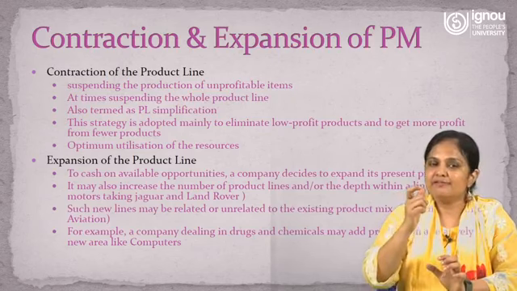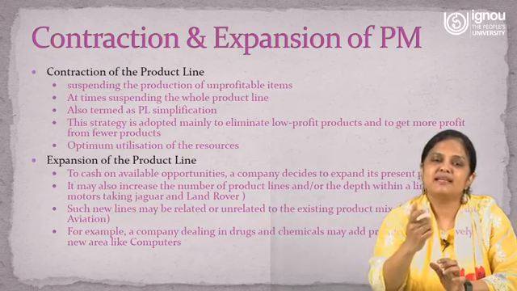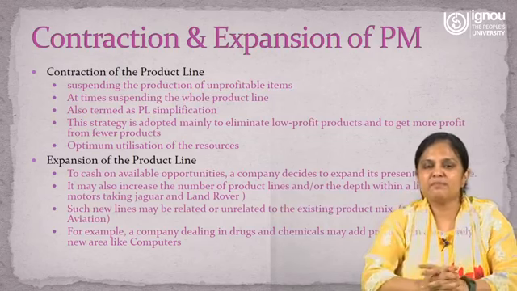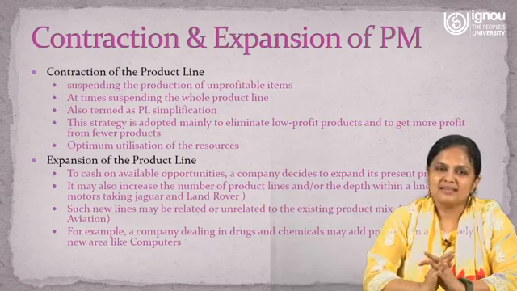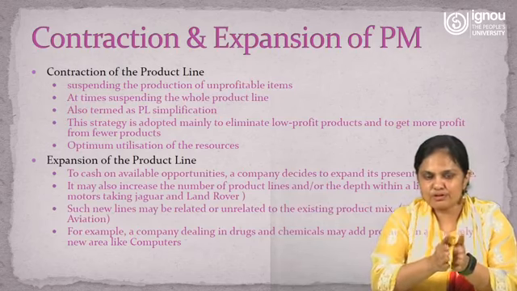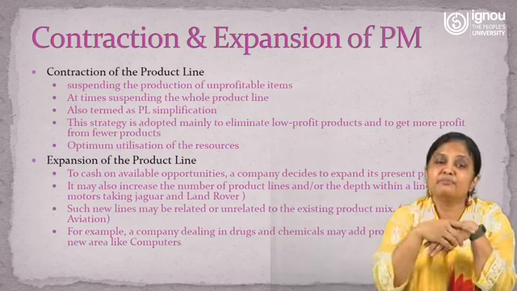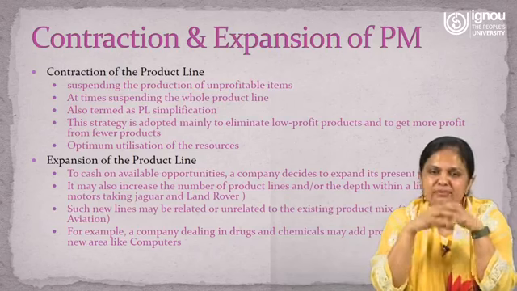But if you are adding a whole new product line to your product mix, then it becomes expansion of product mix. For example, suppose a company is dealing in drugs and chemicals and now it wants to go to a completely new area, say for example, it wants to deal with computers now. So this will be expansion of product mix.